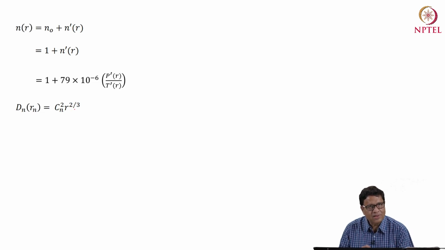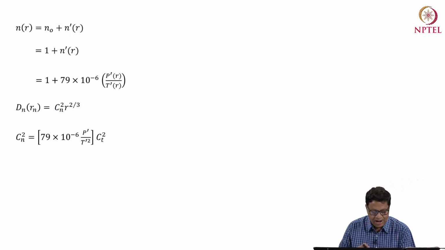So we have defined all three quantities: the temperature, the velocity, and the refractive index. And using other equations which have not been discussed here, you can relate Cn square and Ct square using this formula.